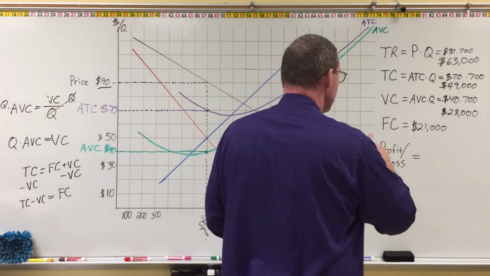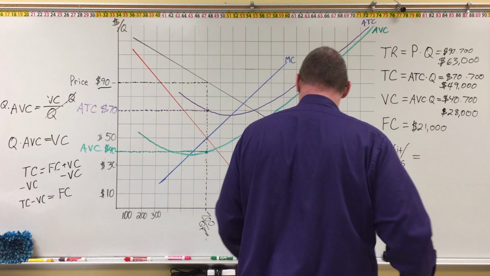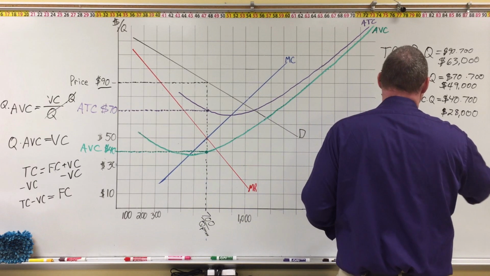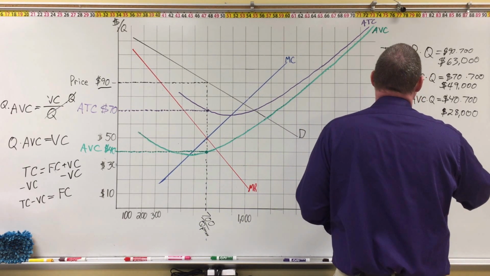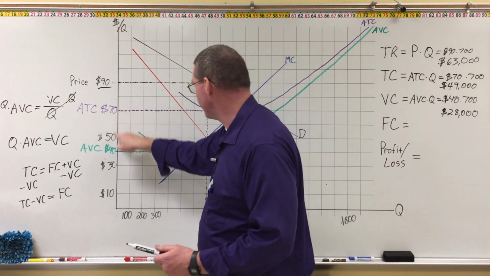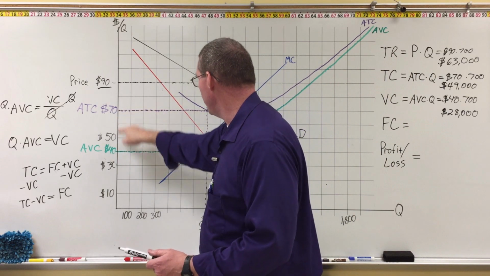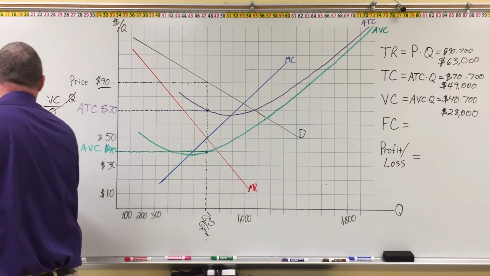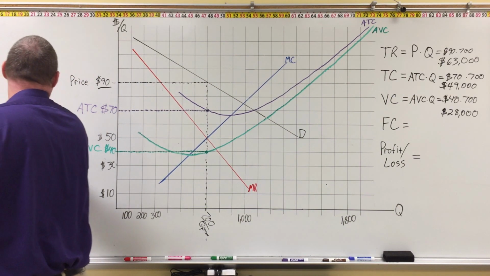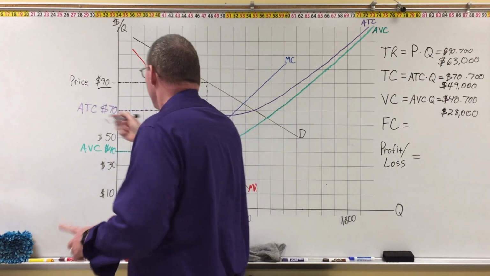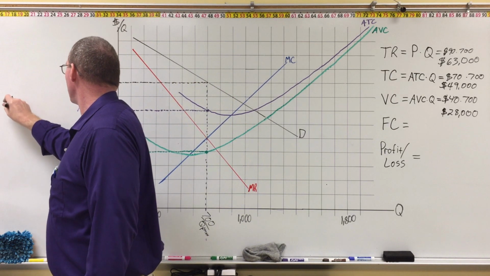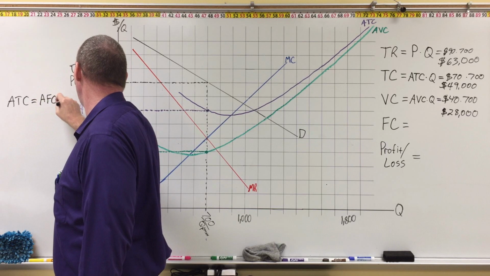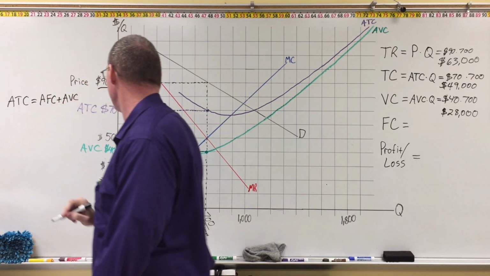Okay? And so that's one way to find fixed cost. Another way to find fixed cost is to use this rectangle right here, because I want to remind you that average total cost is equal to average fixed cost plus average variable cost.